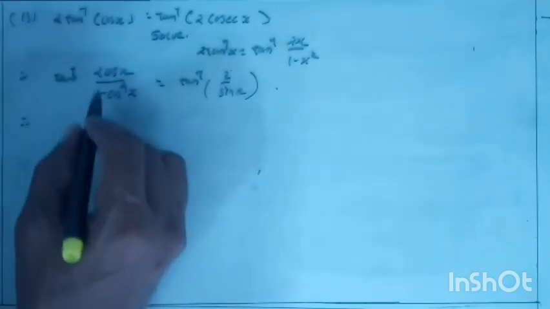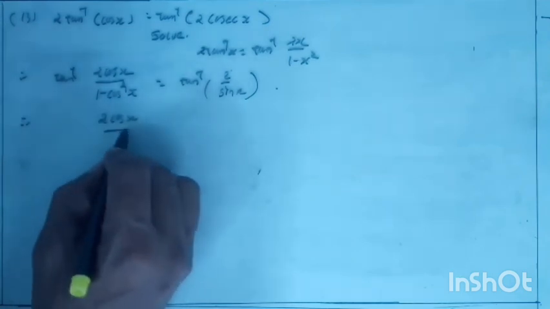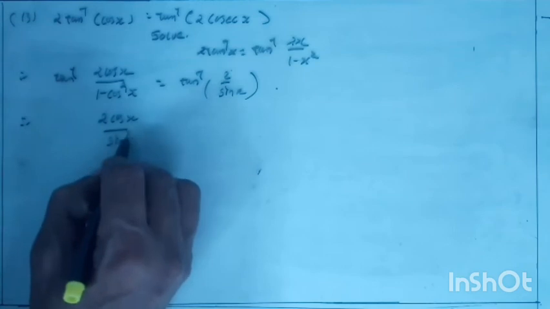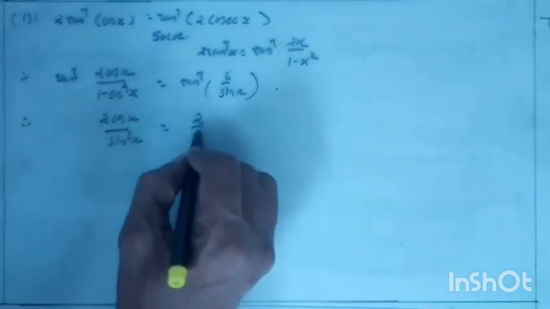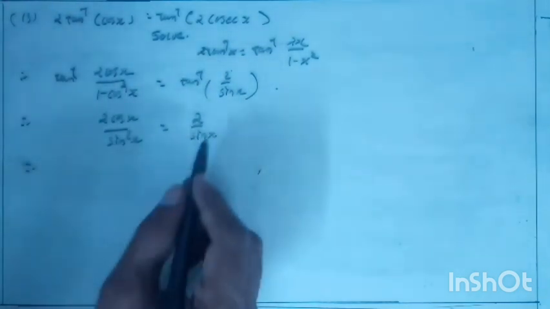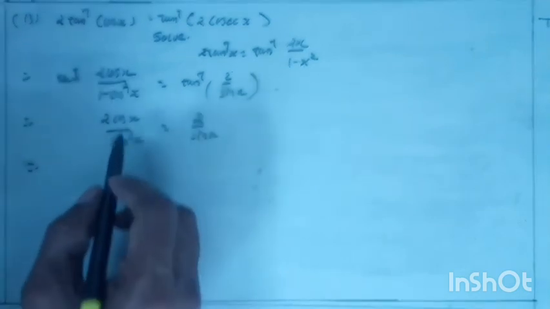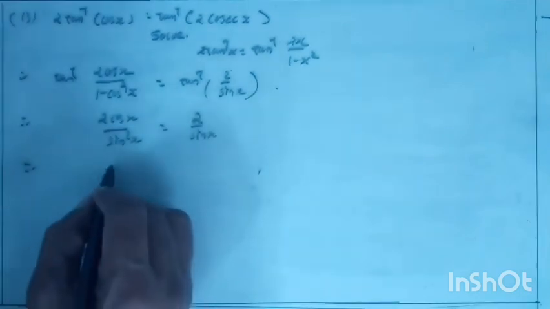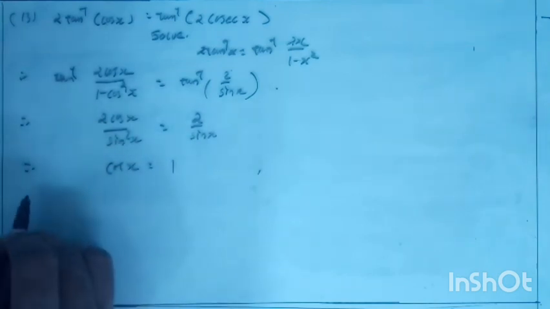Therefore we get 2 cos x upon sin square x is equal to 2 upon sin x. Tan inverse from both cancels. Now simplify this. 2 cancels from both sides, one sin cancels, we get cos x upon sin x, that is cot x, is equal to 1.